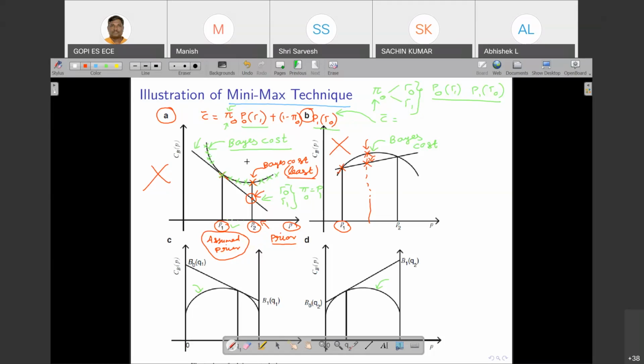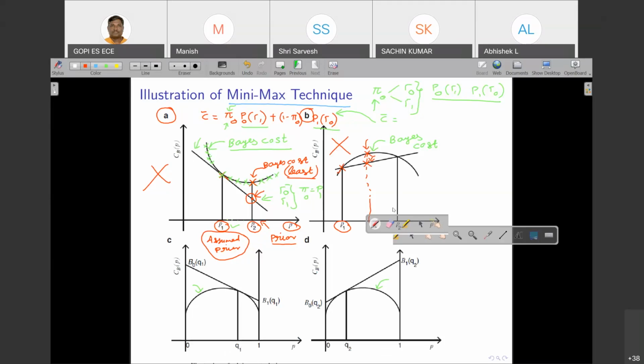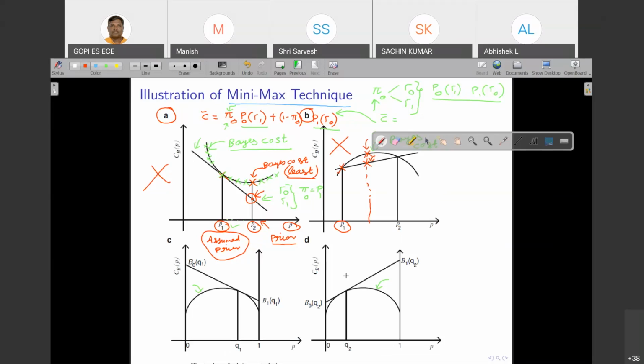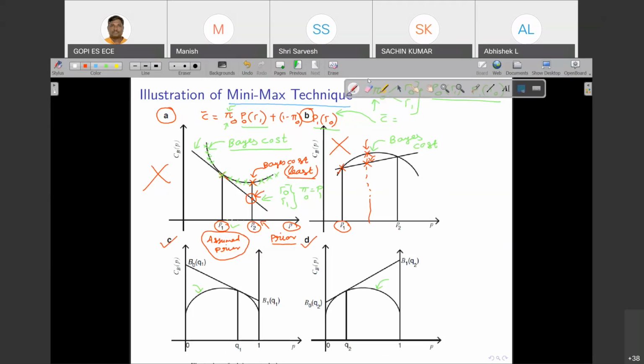So the straight line should be the tangent. It should be like this one. So we'll see the third one. The third one is actually fine. Third and fourth, right? These two are fine. In fact, with the values, we already showed how the graph looks for the binary case.